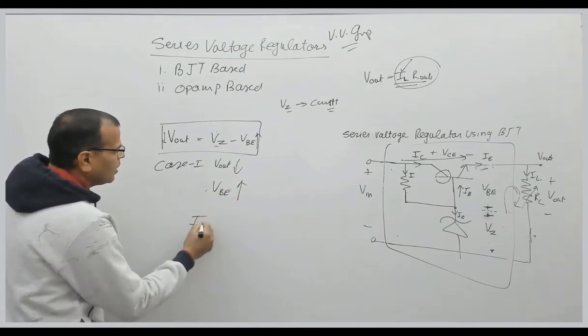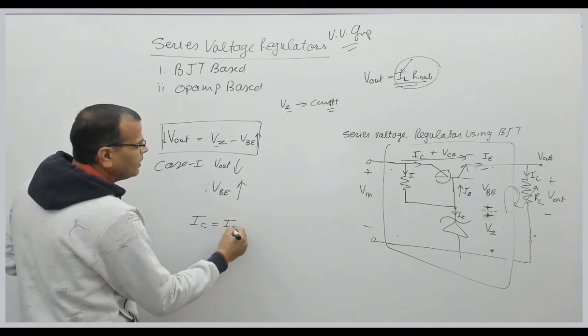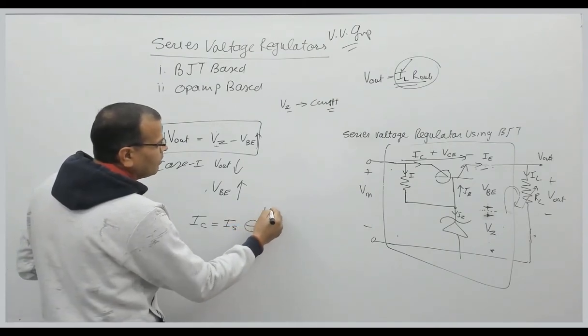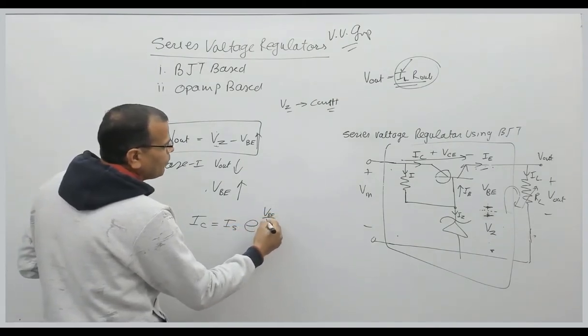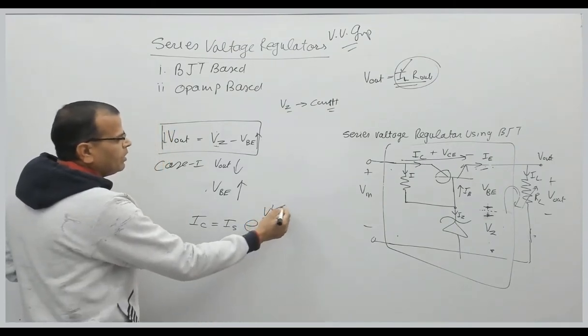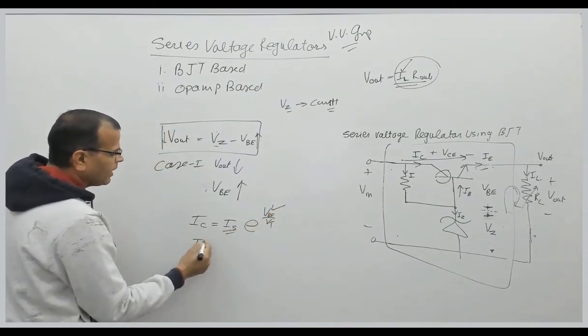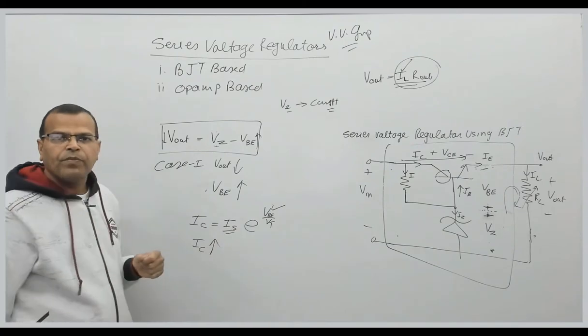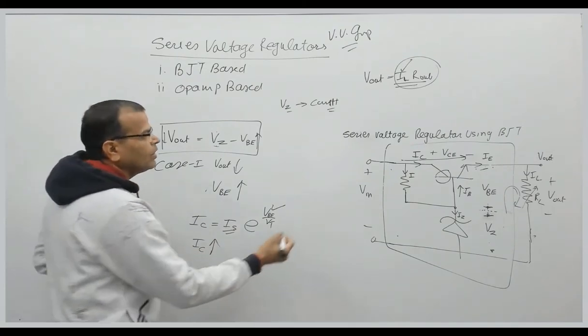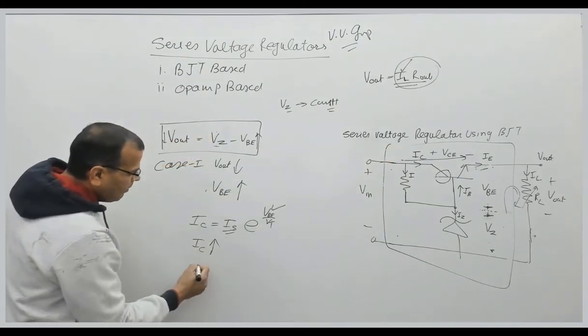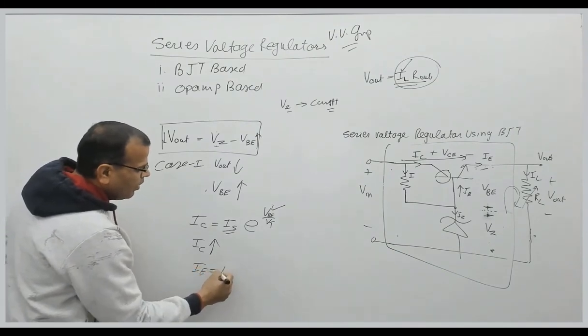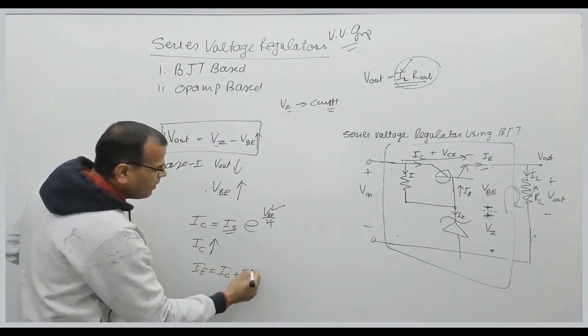And we know the collector current of a BJT is given by the saturation current multiplied by e to the power VBE by VT. So if VBE is increased, this is definite, my collector current is increased. And if collector current is increased, you can see here the emitter current is equal to IC plus IB.